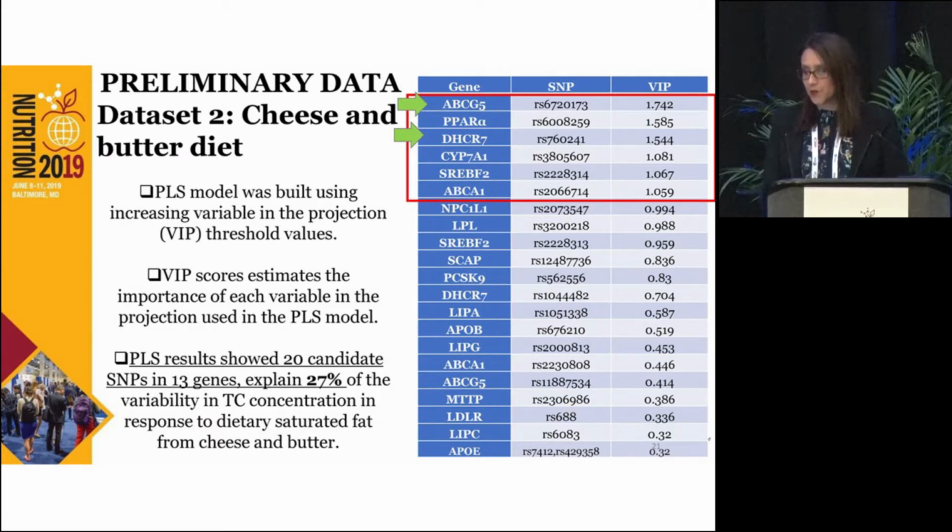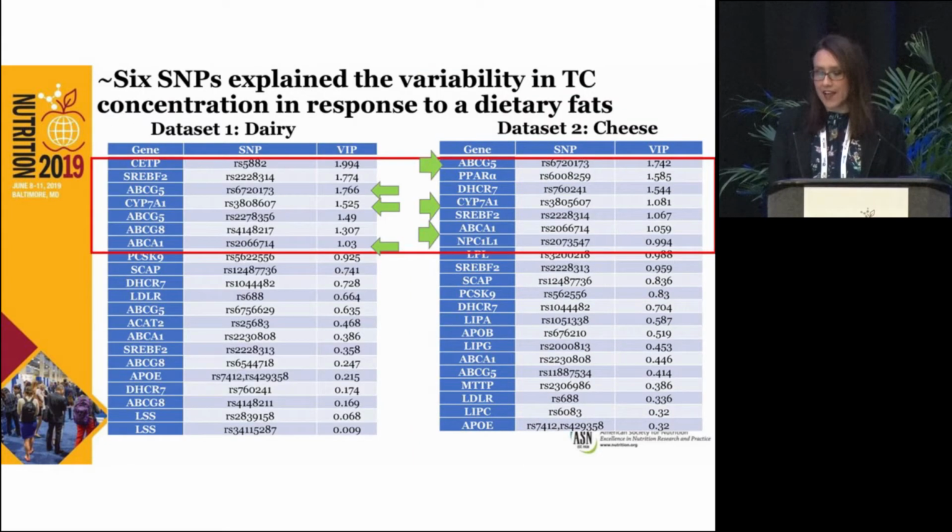So we were excited to see that we can see a trend between 2 data sets, these 2 independent data sets, showing the same SNPs, for example, ABCG5, and we have this DHCR7. If you remember, they are the 2 genes that were published in our previous analysis. So once that you compare these 2 analyses, you can see that we have 6 SNPs that could explain the total variability in total cholesterol in response to dietary fats.